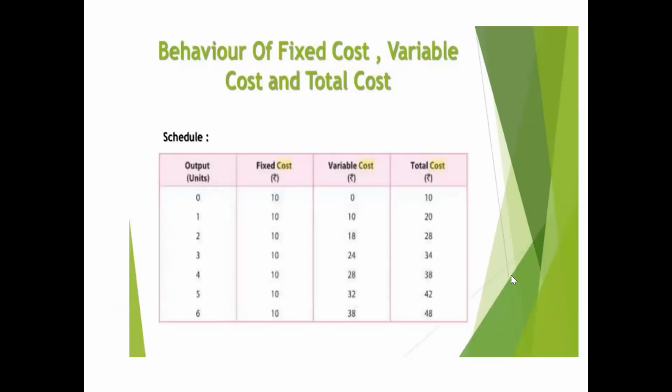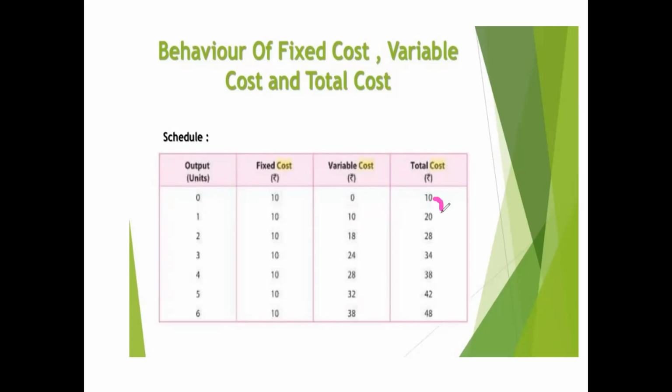If you want to calculate this with a numerical example, I have already explained how we can derive the functions related to these calculations. Here you can see the fixed cost takes the same value, the variable cost increases, and therefore the total cost increases, so you can see the variation in the short run.